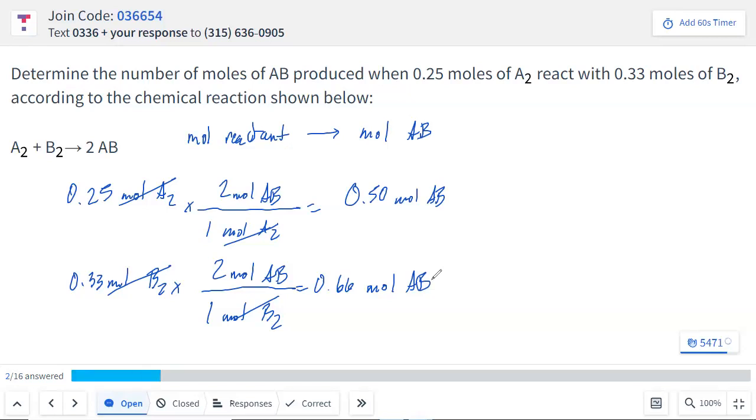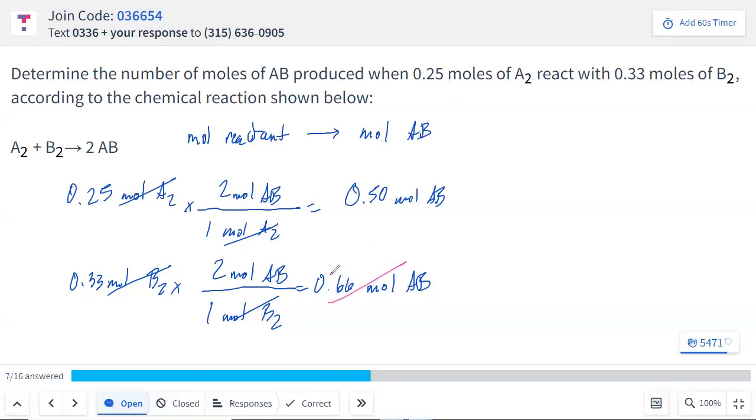So if I set it up correctly and do my math out, A2 will generate half of a mole of product. B2 will generate 2/3 of a mole of AB. So again, we go down to the lowest.